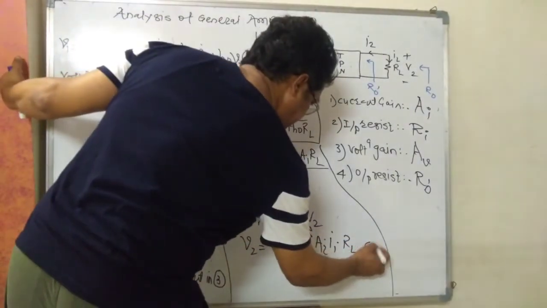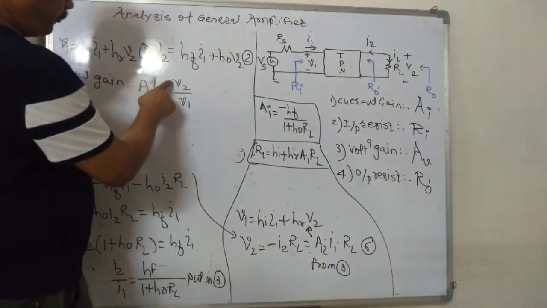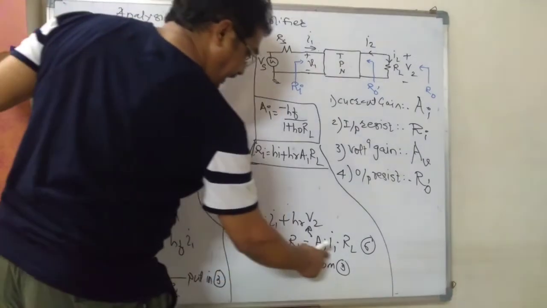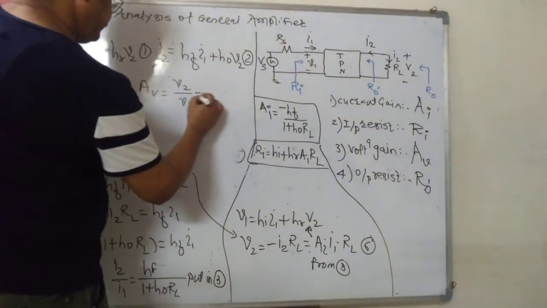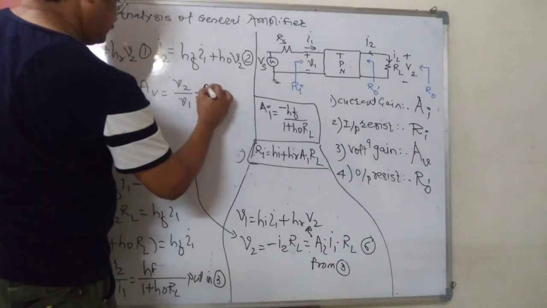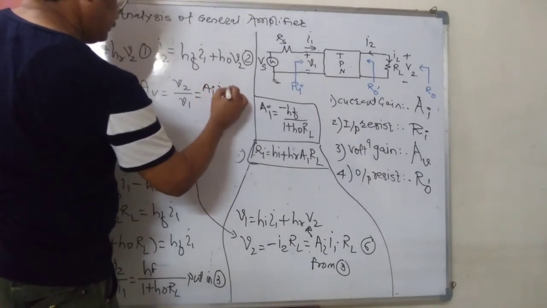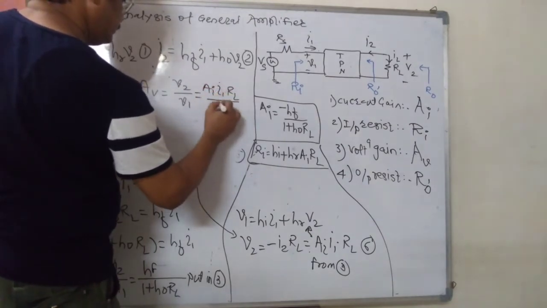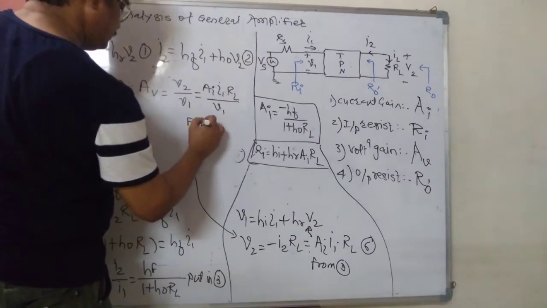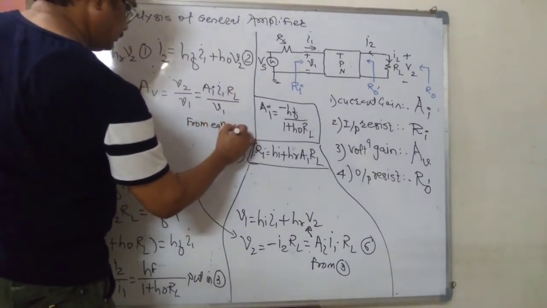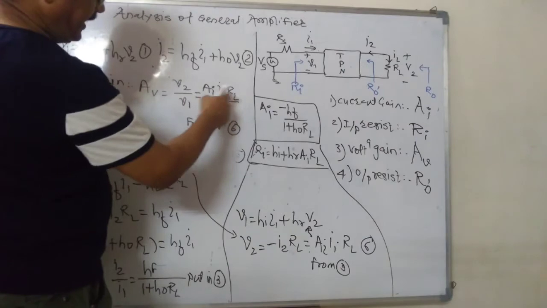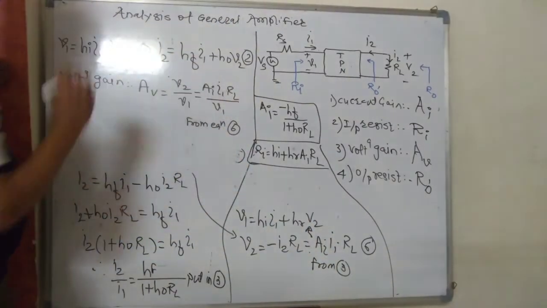Suppose this is equation number 6. Put V_2 equal to A_I I_1 R_L from equation 6.